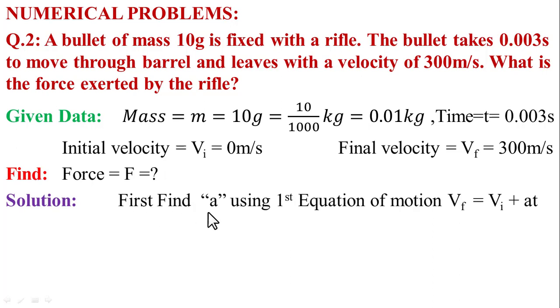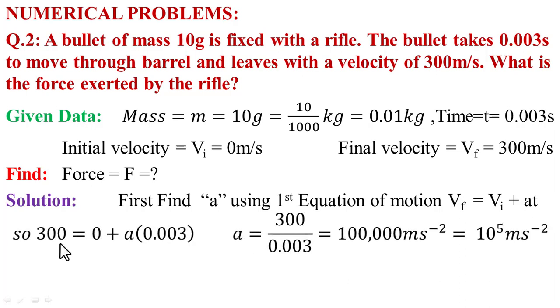First we find the acceleration by using the first equation of motion, because here Vf, Vi and t are given, so we can calculate the acceleration by using the first equation of motion. Vf is equal to Vi plus At. Putting the values, 300 is equal to 0 plus A into 0.003.